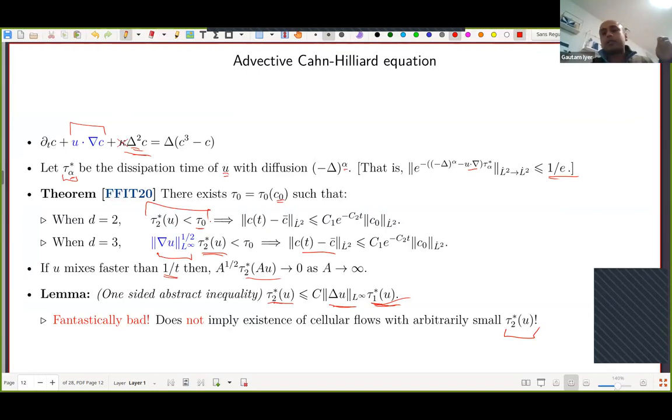I don't know if these flows are mixing or not. But if you take the stochastically forced Navier-Stokes, there's a theorem that says that generically you're exponentially mixing. So if your amplitude is large enough, you have to be sufficiently mixing, you can get a small enough dissipation time, and you can stop the phase separation.